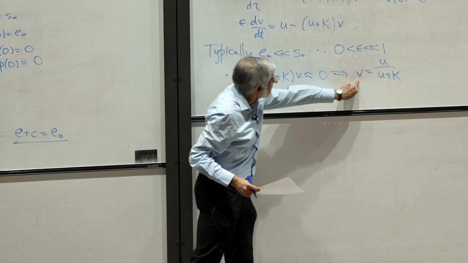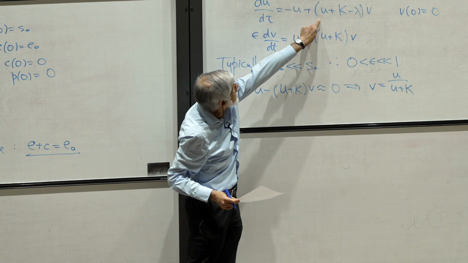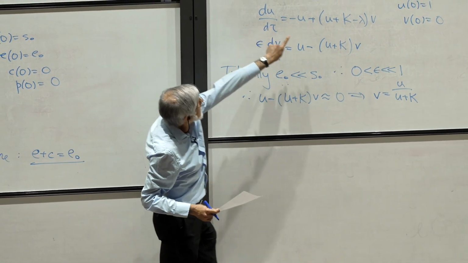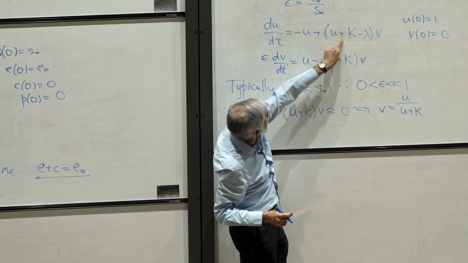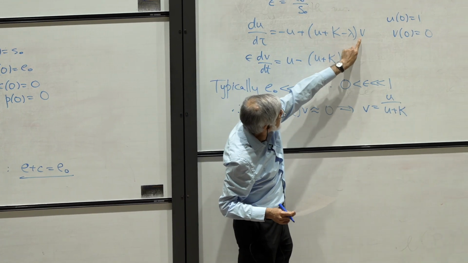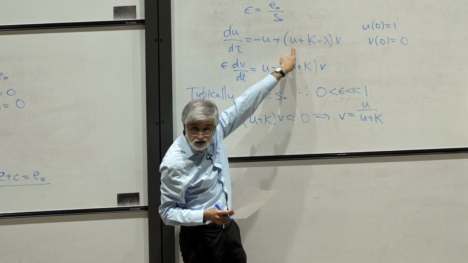Substitute that into there for v. And you can see now why we put the u plus k here, because this will be u over u plus k, and the u plus k will cancel.